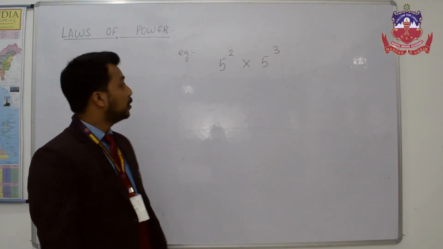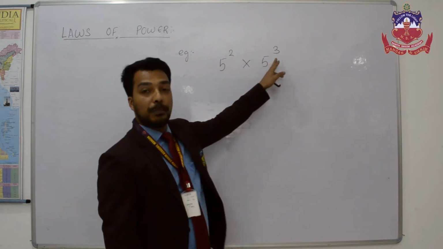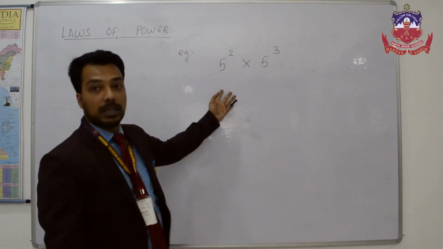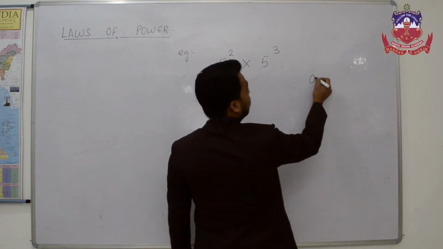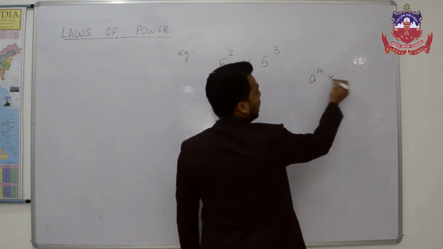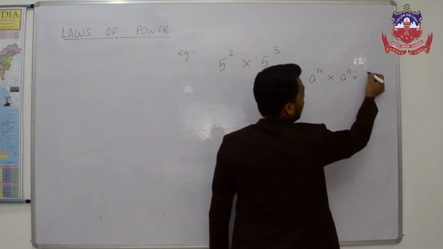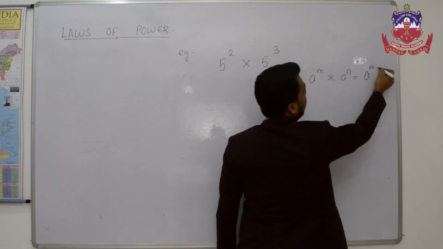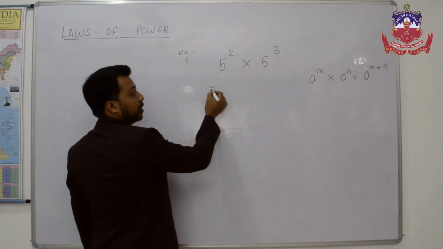The next example is 5 to the power 2 multiplied with 5 to the power 3. We'll solve this example using the third law, which is a to the power m into a to the power n. According to the law, we can write this as a to the power m plus n. So let's solve this.